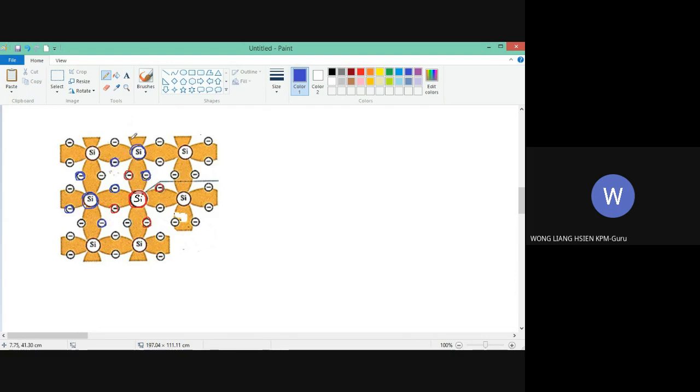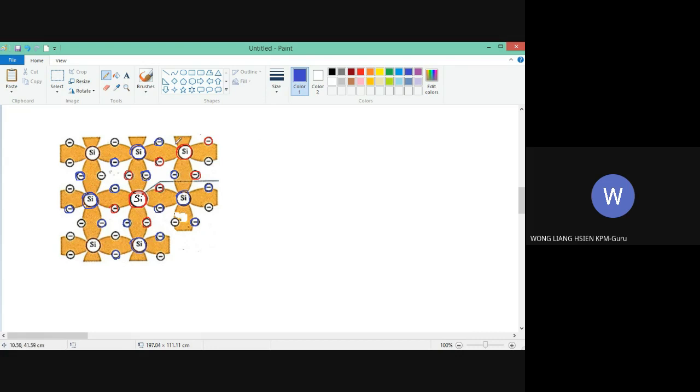And this is the red silicon, so this is a red electron. This is the blue silicon, so this is the blue electron.